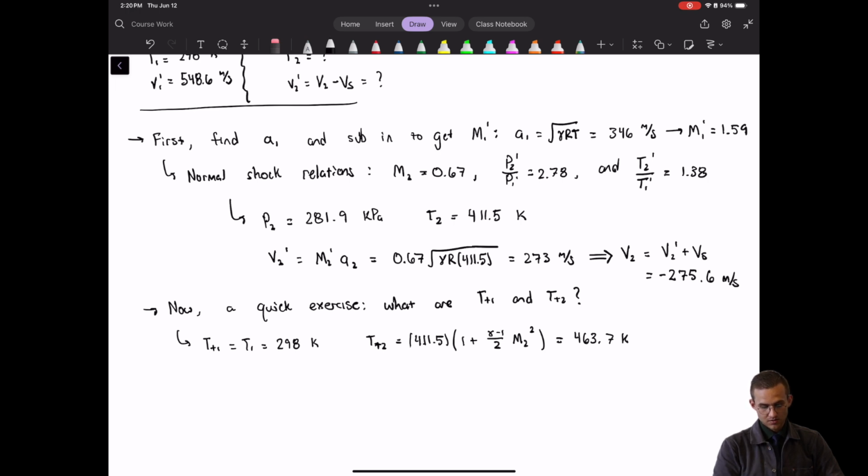So the important thing is that we are calculating these stagnation temperatures in the frame of reference that is not steady.